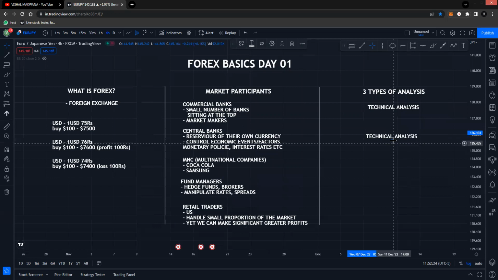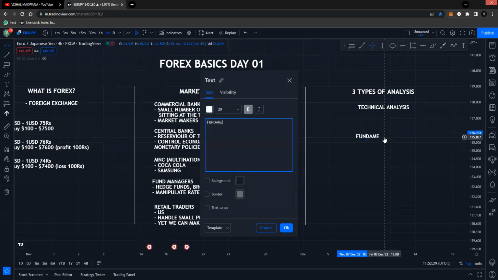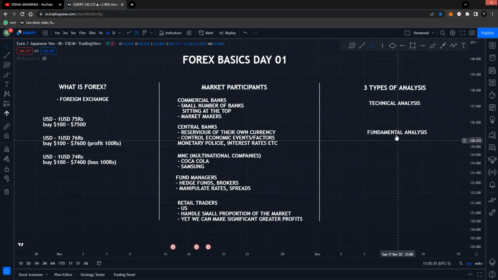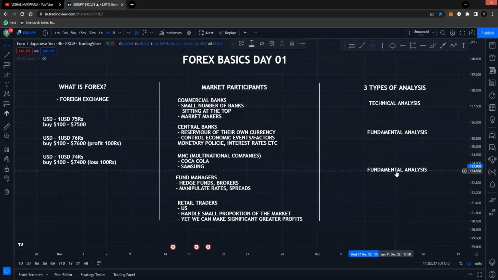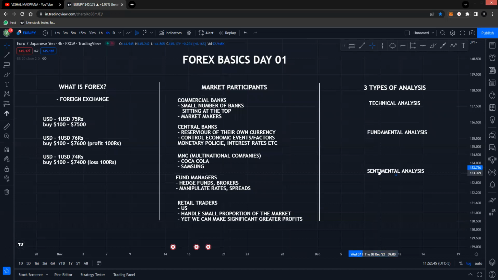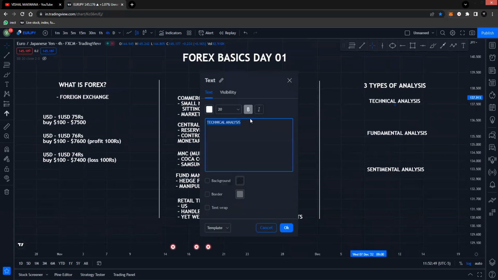The second one is fundamental analysis. And the third one is sentimental analysis, right? So what is technical analysis?